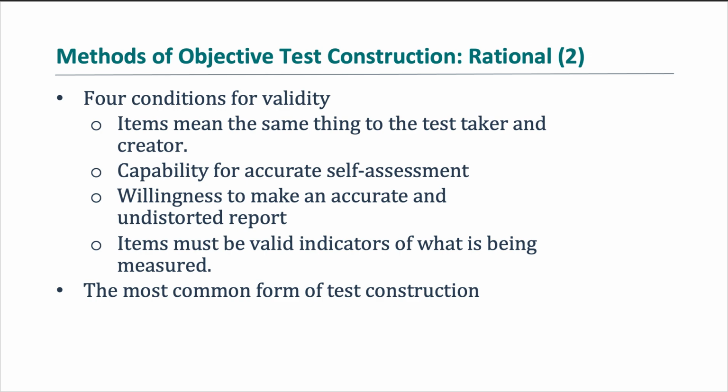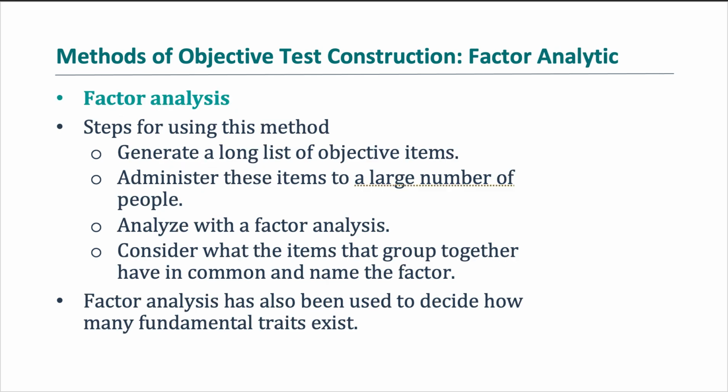So maybe it's openness, which a lot of times people that are creative are very open. But in this case, open is not necessarily creative. And so you want to make sure that the measures are indicative of the thing that you're actually trying to measure. Now, this is actually the most common form of test construction, this rational method.